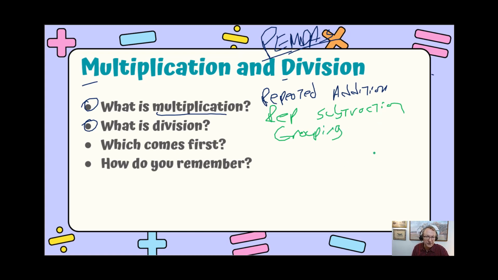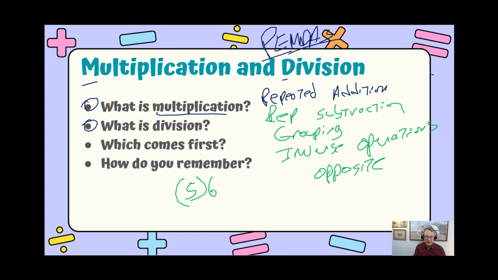What I want us to start thinking about, like multiplication and division, I want us to think of them as inverse operations. So inverse operations in a math course, in algebra, means just opposite. So they're opposite of each other. So if you multiplied 5 times 6, you got 30.